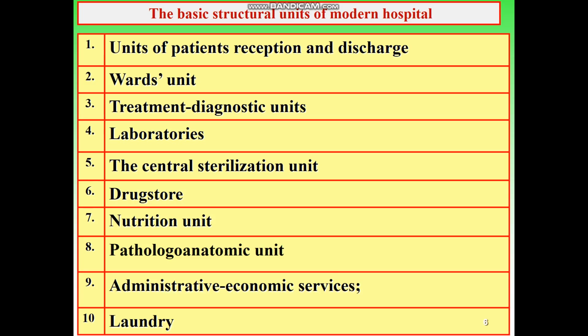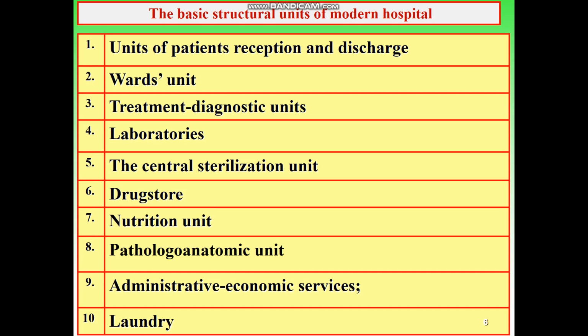The basic structural units of the modern hospital are the units of patient reception and exchange, wards unit, treatment diagnostic units, laboratory, central sterilization unit, drugstore, nutrition unit, pathology-anatomic unit, administrative economic service, and laundry.